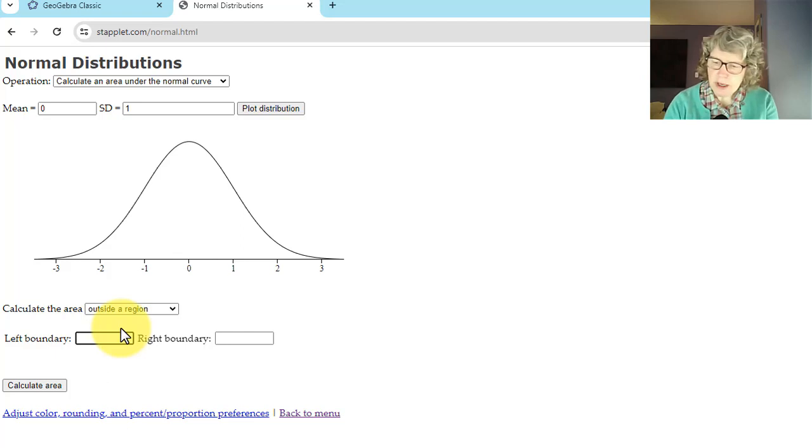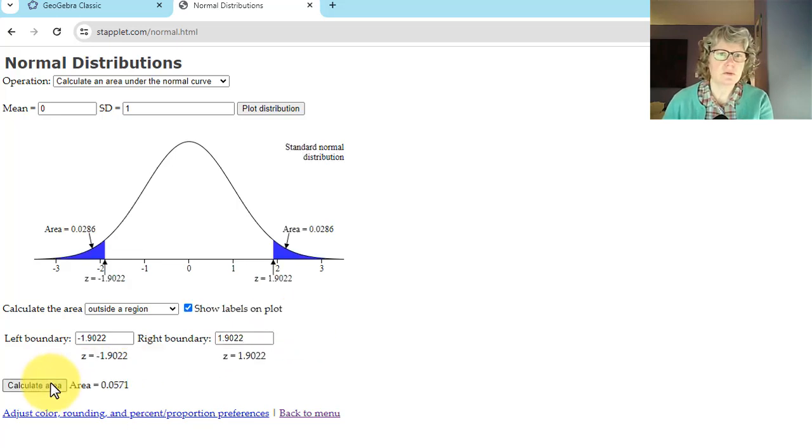So that is another way to do it, rather than multiplying by 2. I do negative 1.9022, and then 1.9022. And then that shows me the double region. You don't have to do that, though. It's up to you. Some people like the visual, which I think is great.